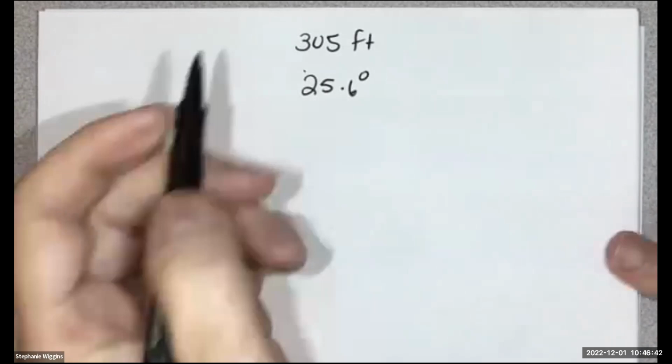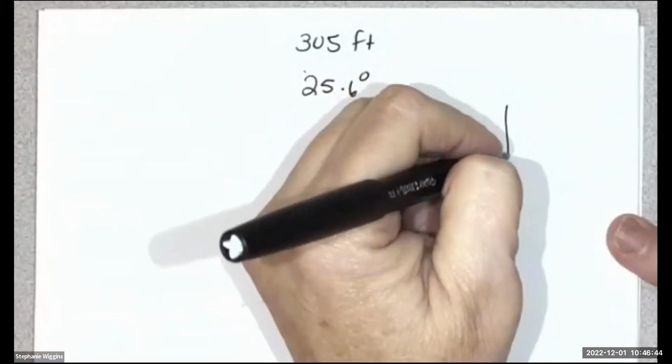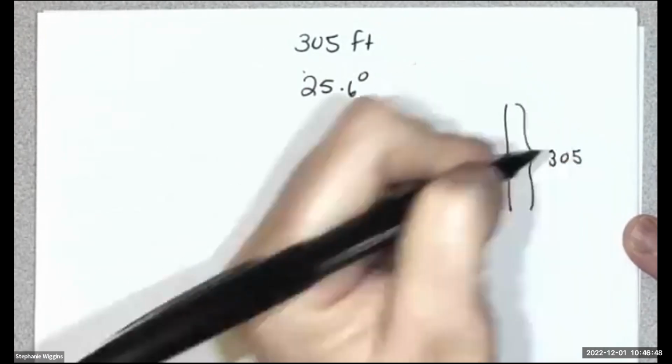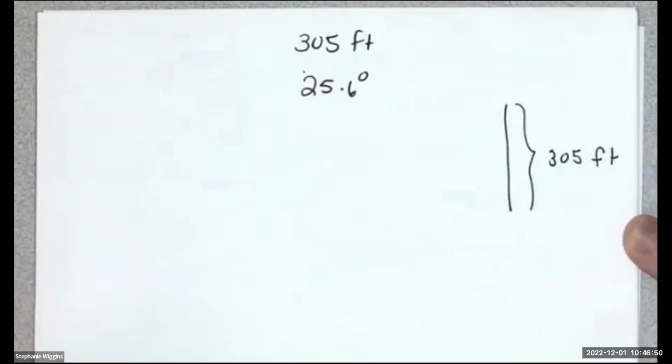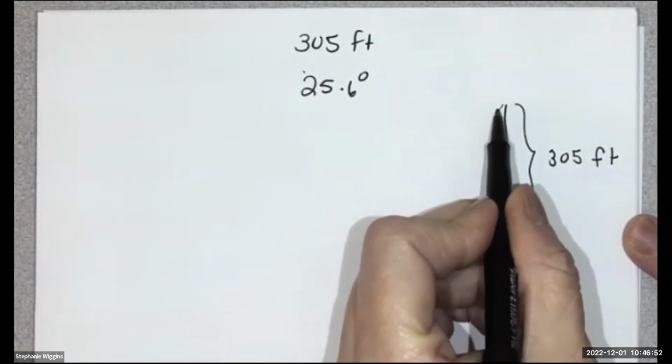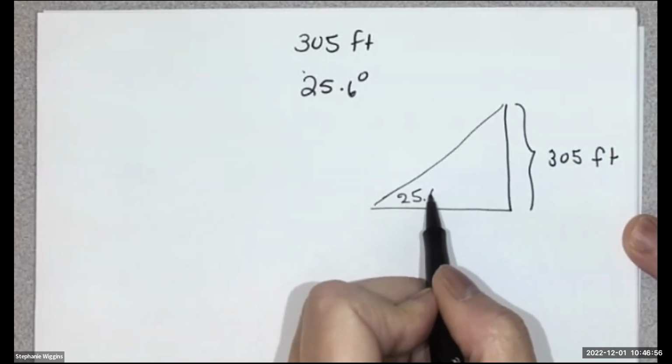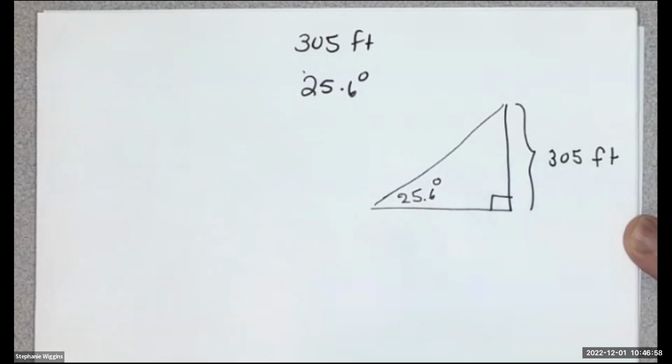Always draw yourself a picture. So if this is the Statue of Liberty, it's 305 feet, and then the angle is 25.6 degrees, and we have a right triangle, okay?